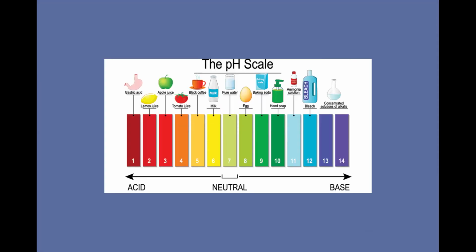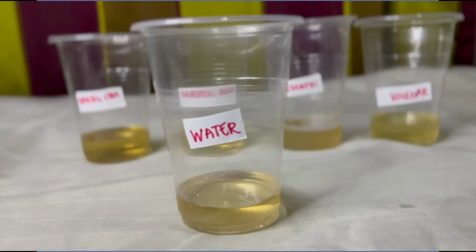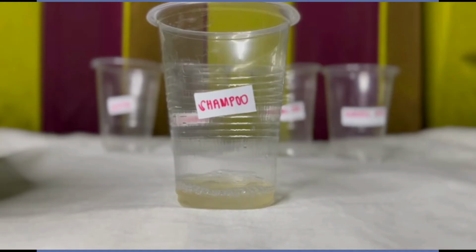For the base solutions, the color ranges from olive green to violet. What was the order of your samples from most acidic to least acidic? The arrangement of our samples from most acidic to least acidic is as follows: muriatic acid, vinegar, water, baking soda, and shampoo.